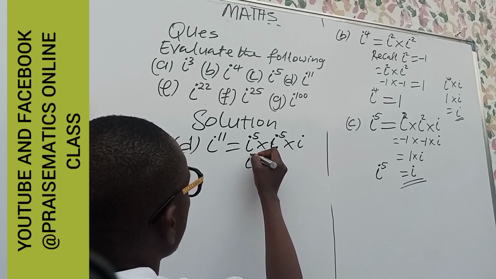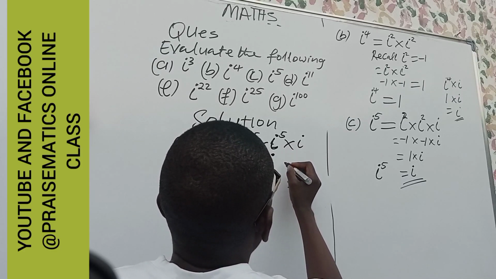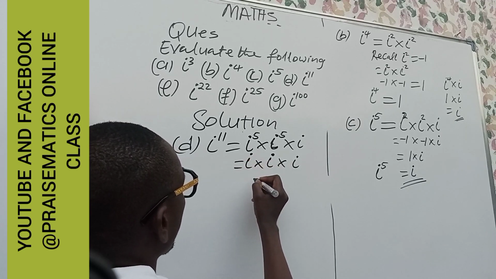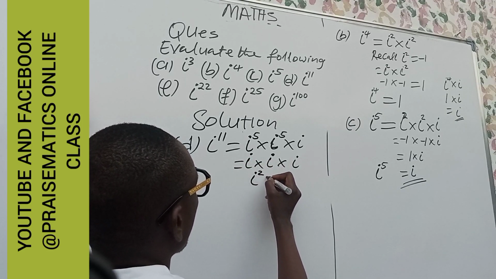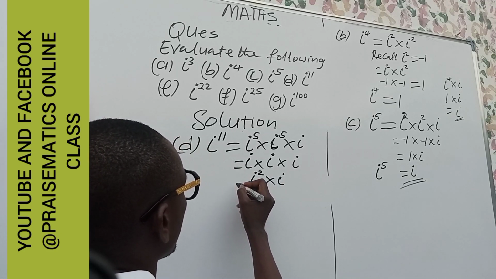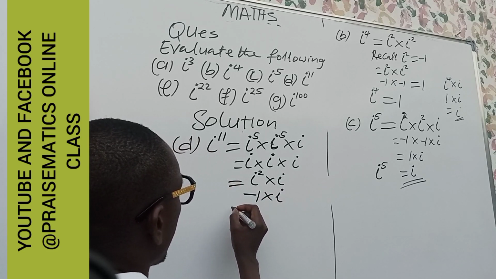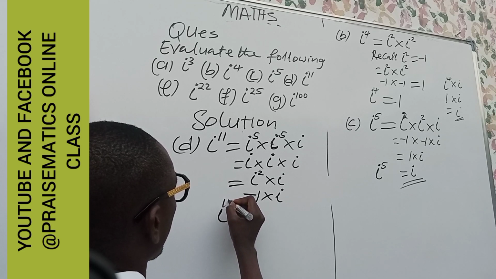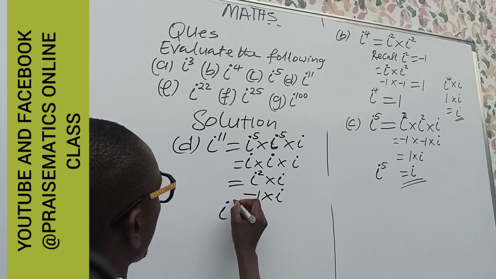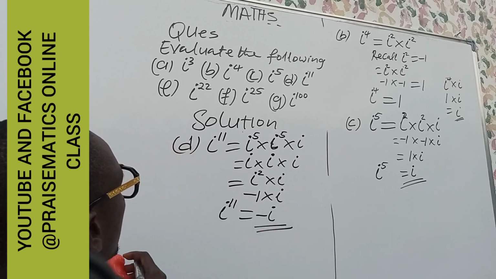This is i multiplied by another i, multiplied by i. What do we do? i times i will give us i squared, multiplied by i. And always recall that i squared is minus 1. So we have minus 1 multiplied by i. Finally, we have that i power 11 is equal to minus i. And that is the answer.